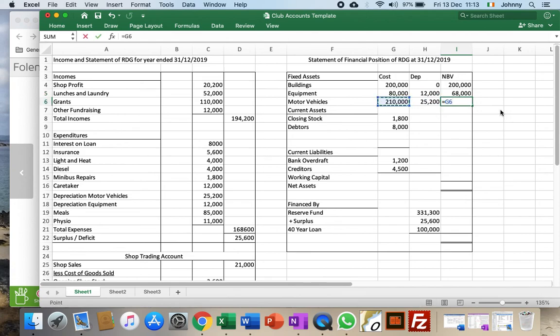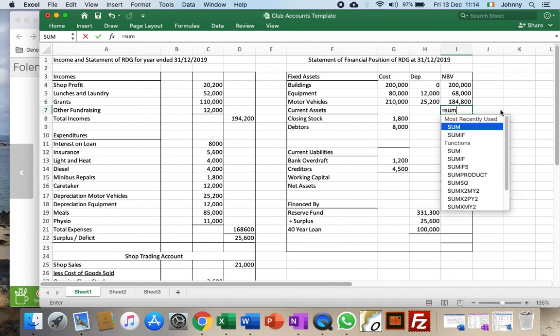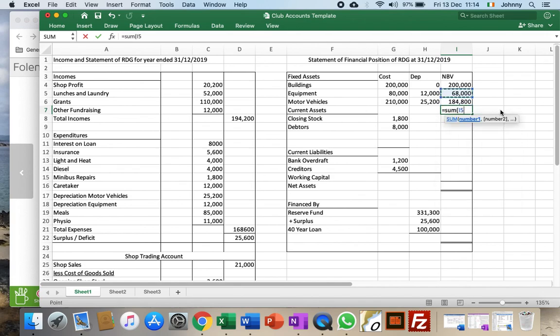And the motor vehicles, they were worth 210, but they've lost 25,000 of value, so they're worth 184. So I'm going to add all of these numbers together. So that's adding all of my fixed assets, 452,800.